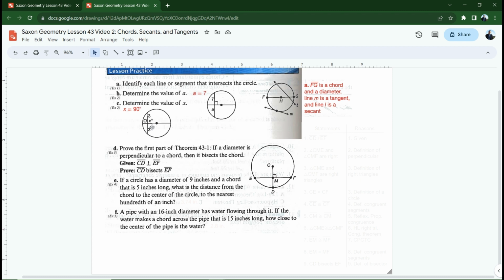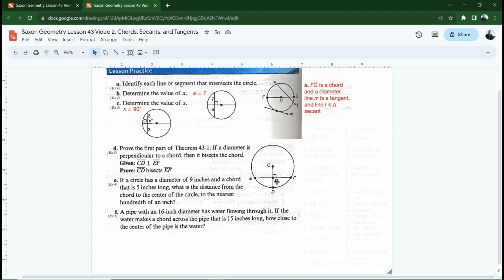Letter D is one that's just a lot of nitpicky definition. This is a proof where you want to skip some steps because it seems like you can skip some things. But I'm going to go through it thoroughly and state everything that really should be stated to prove that CD bisects EF.